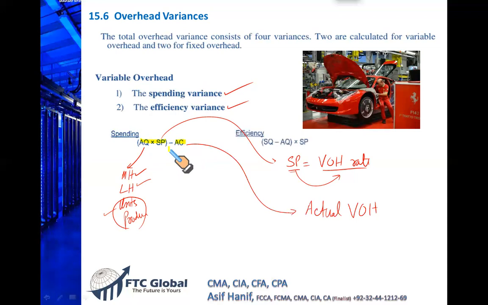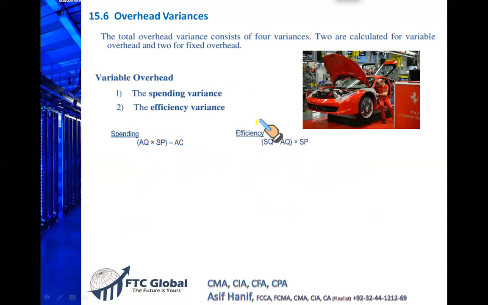Now, the second formula is the variable overhead efficiency variance. How do we calculate this? SP is the same: variable overhead rate, absorption rate, recovery rate, allocation rate, whatever you want to call it. AQ same. AQ is the actual quantity of labor hours, machine hours, or units. And SQ, now listen, AQ here is the actual labor hours used.